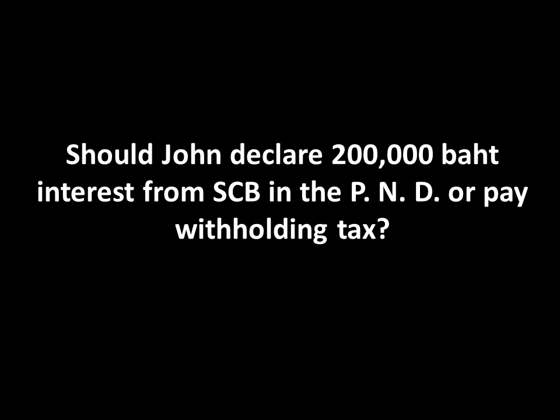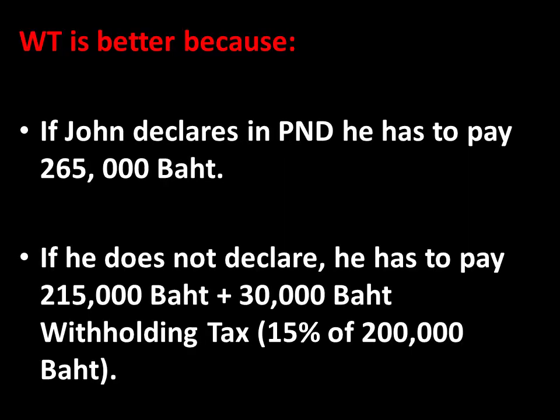As a matter of fact, in Thailand, you may decide to pay a withholding tax of 15% on the interest, and then you don't have to include the source of income you get from the bank in the Por Ngor Dor form. You can choose. Do you prefer to pay only the withholding tax, or you want to declare the interest that you got from the bank account in the Por Ngor Dor form?